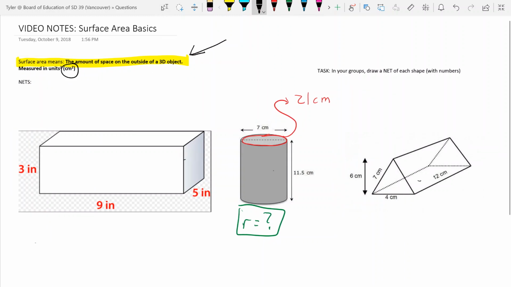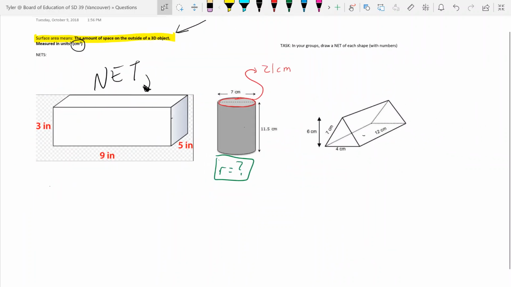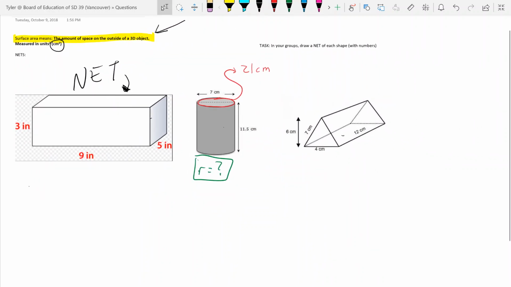So the first thing we've got to do is draw a net to think about what shape this is. When I look at this rectangular prism, there are rectangles on both sides. They're exactly the same, 3 by 5, 3 by 5. We'll call those A, the little ones.